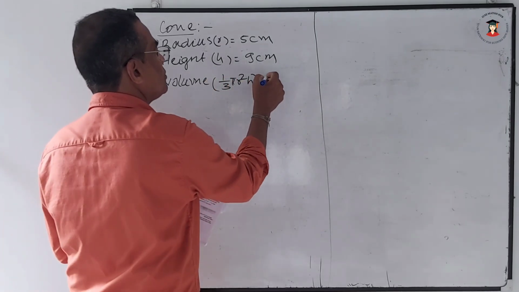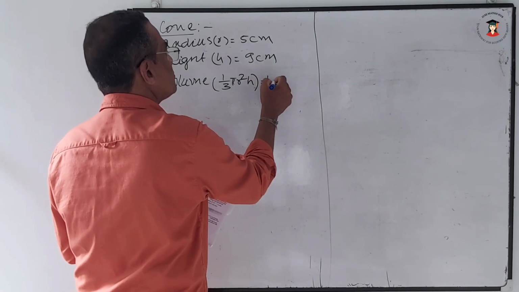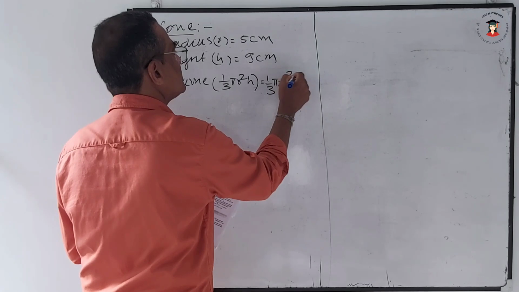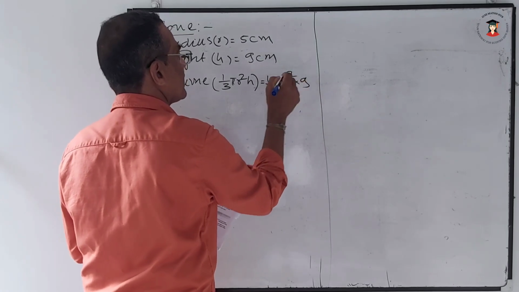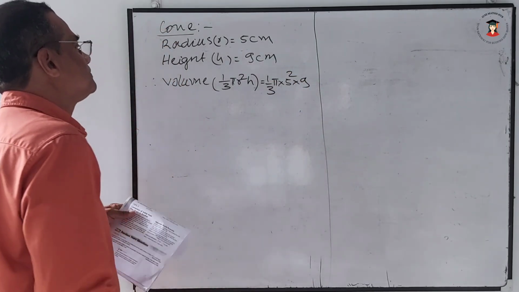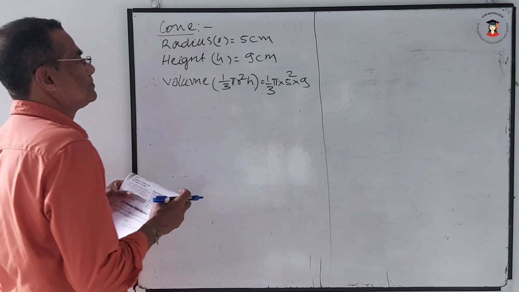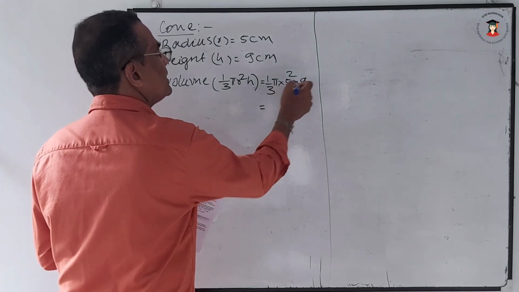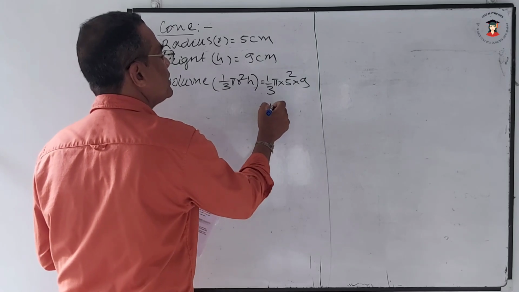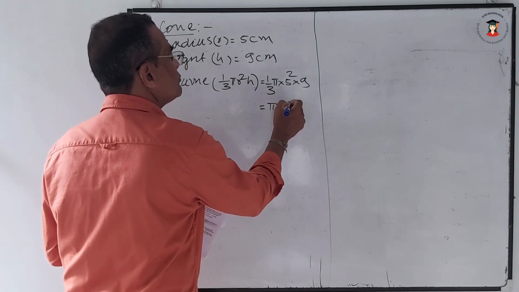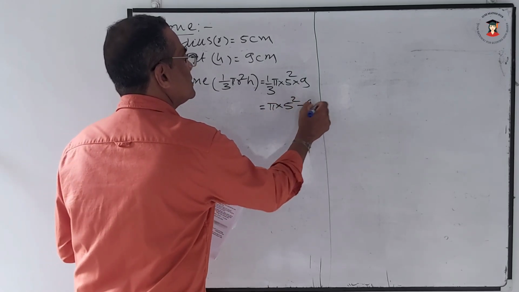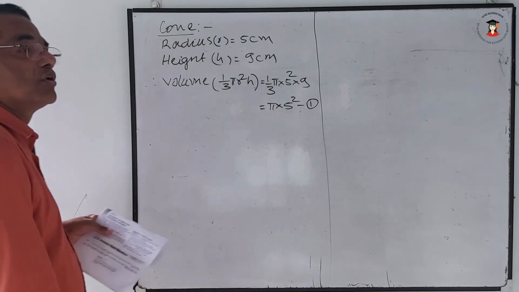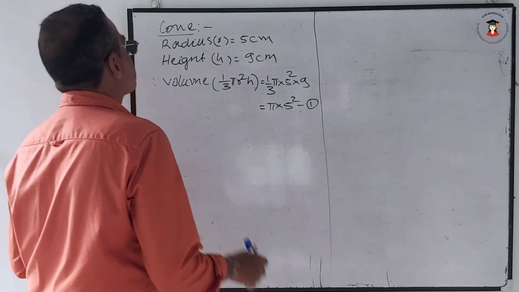That is equal to 1/3 pi into r is 5 square, h is 9. This can further be simplified: 3 and 9 will go, so pi into 5 square. Equation number 1. This is the volume before melting.